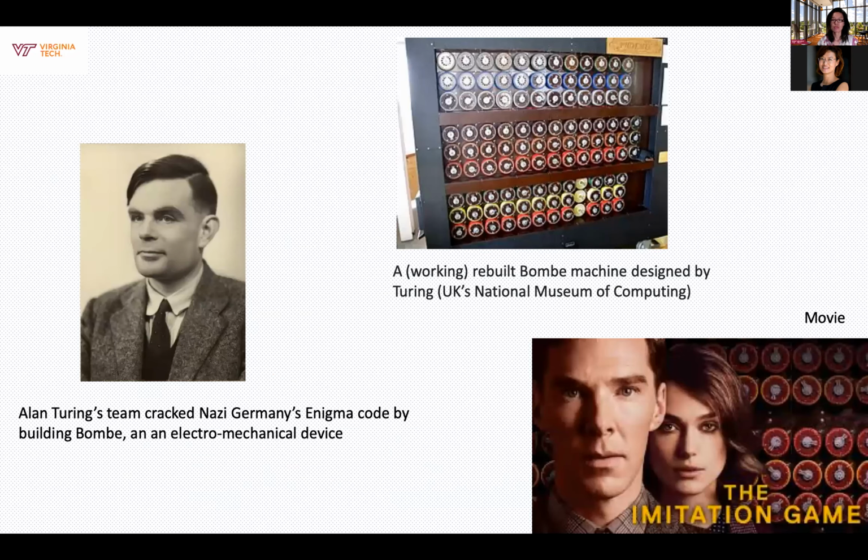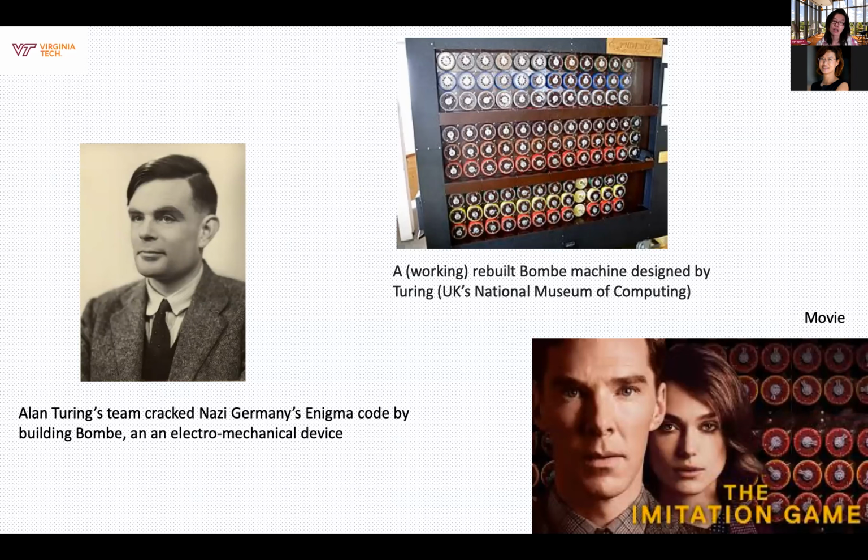So I do recommend you read a little bit about Alan Turing, how his team cracked the Nazi German Enigma code and the Enigma machine.